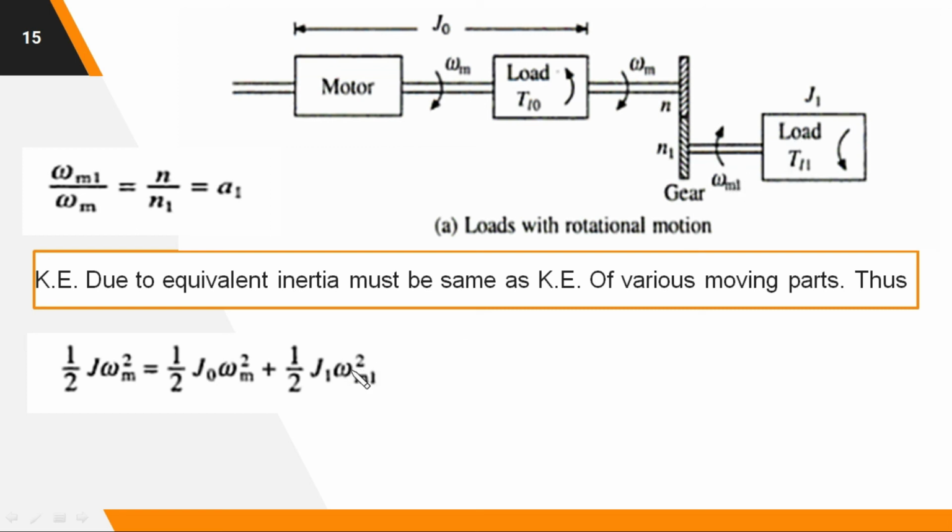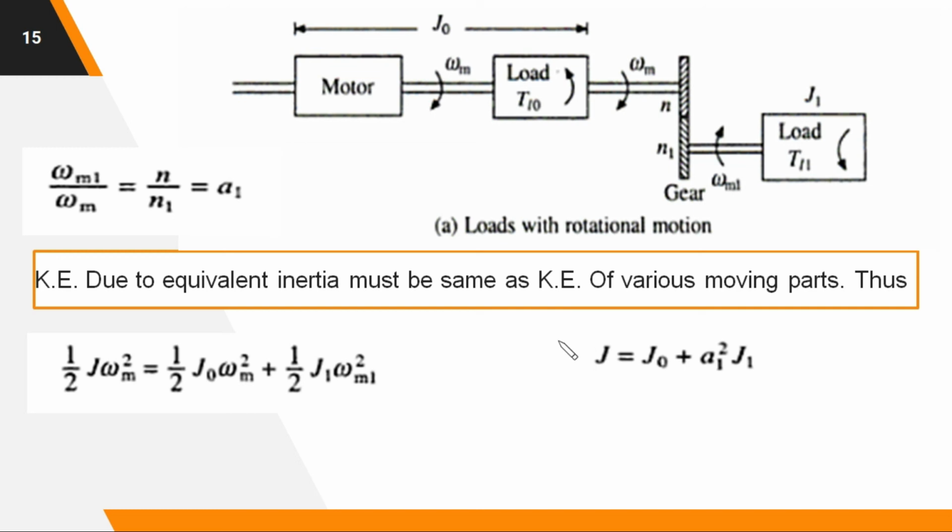This is a simple equation. So if we cancel out this half and omega_m square, you will get J is equal to J0 plus J1 omega_m1 square upon omega_m square, which is nothing but a1 square by this formula.